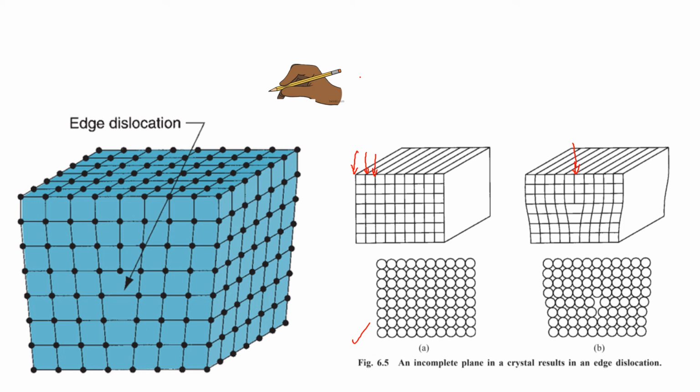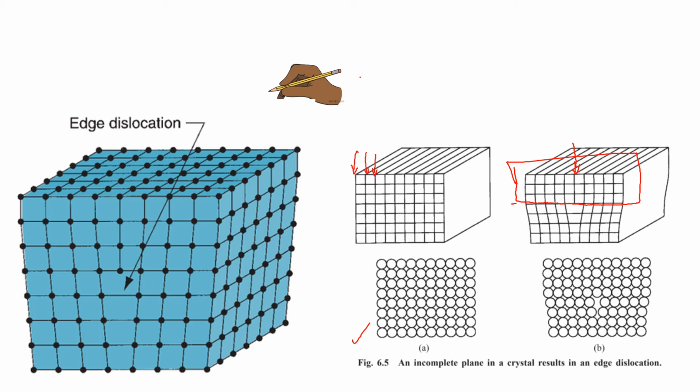So there is a difference, or we can consider this like a missing half plane, or we can consider it as an extra half plane. Actually, it is not like that anyway. But you see, when you consider the top portion, there is no change in the equilibrium state.